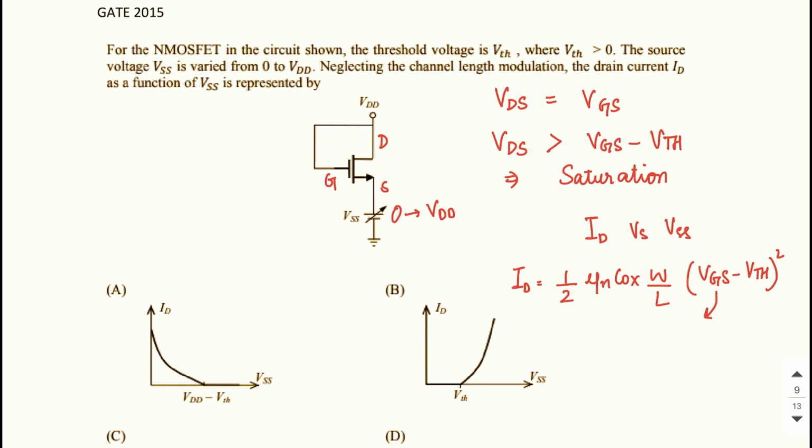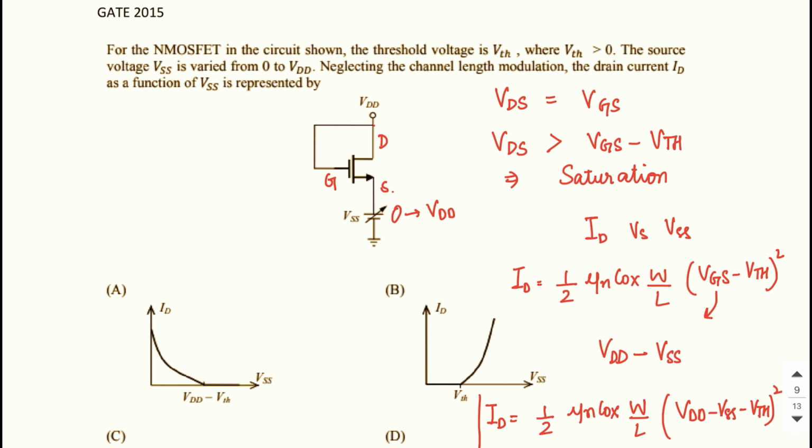If you look at the network, the value of VGS is equal to VDD, which is the gate or the drain terminal potential, minus the source potential, which is VSS. And this VSS is varied from 0 to VDD. So the drain current equation would become half mu n Cox W by L, and we substitute (VDD minus VSS minus VTH) whole square.